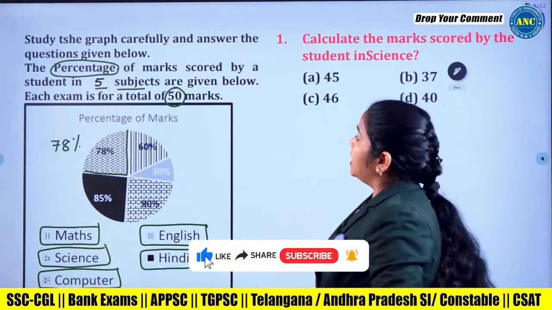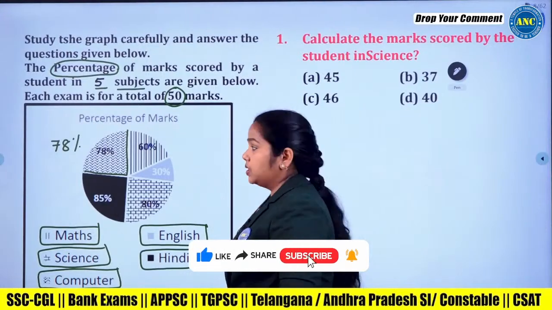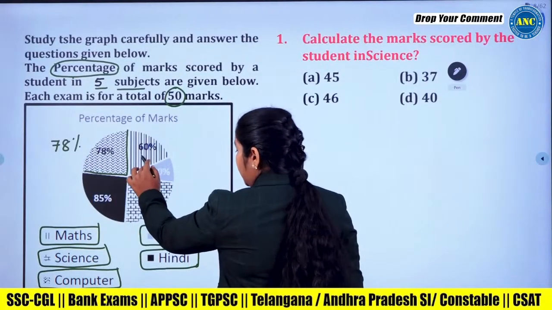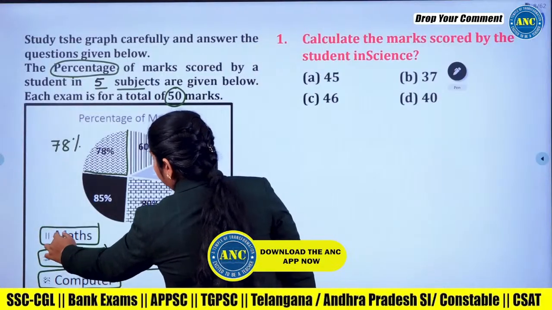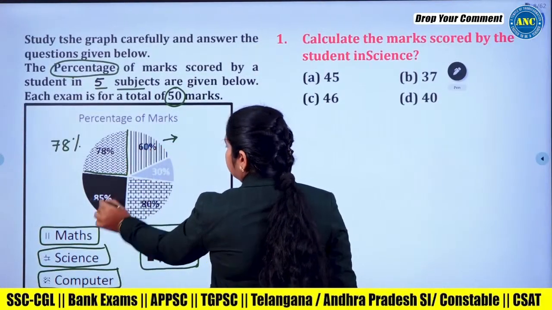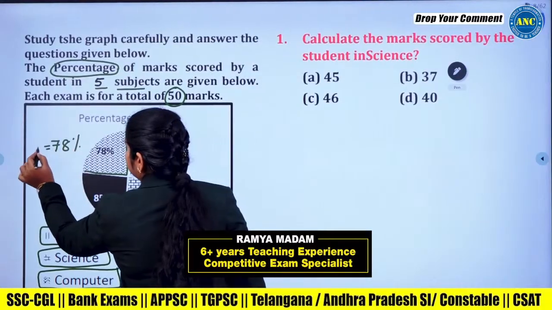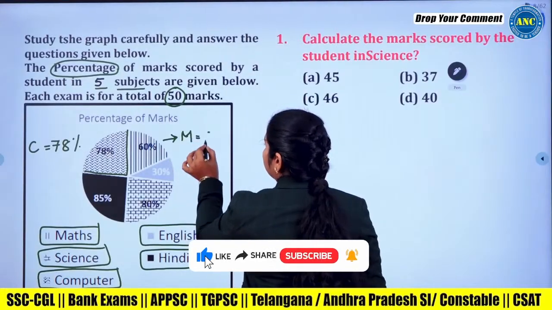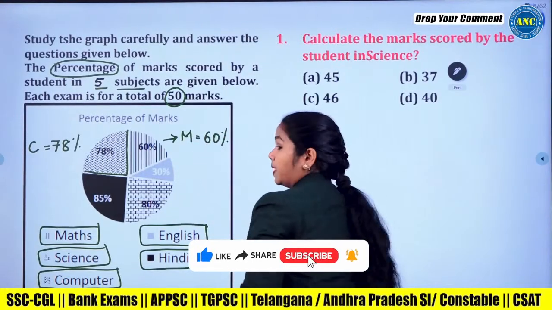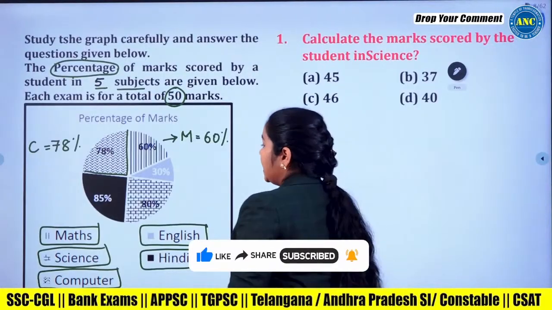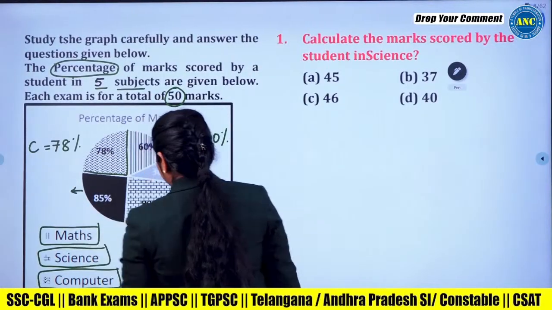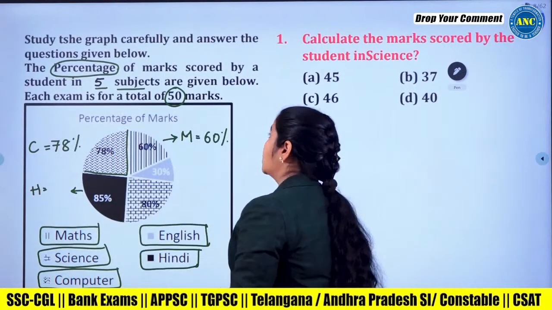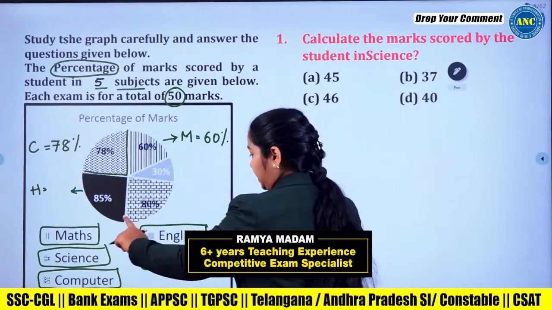Here the information is given in percentage, so we are going to take those percentages. Next, observe this. This represents maths, and maths is 60%. Next, this is Hindi subject. The percentage of marks got by the students in Hindi subject is how much?